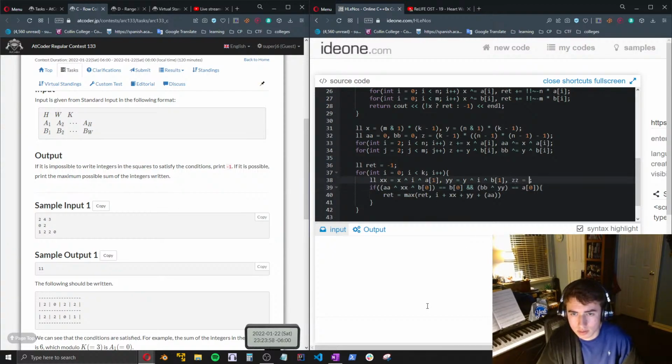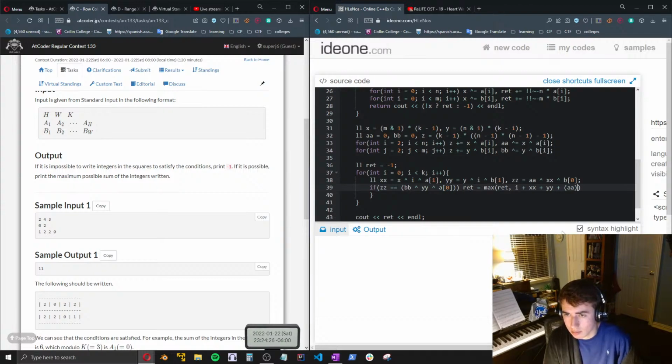This is equal to this. Now we test if ZZ is equal to BB XOR YY XOR A of 0. We do ret is equal to max of ret, I plus XX plus YY plus ZZ.